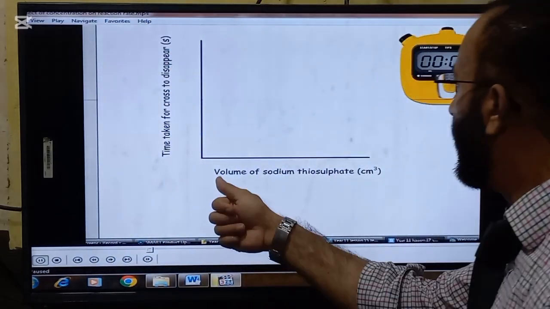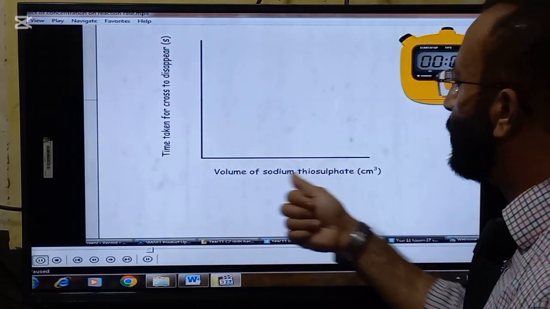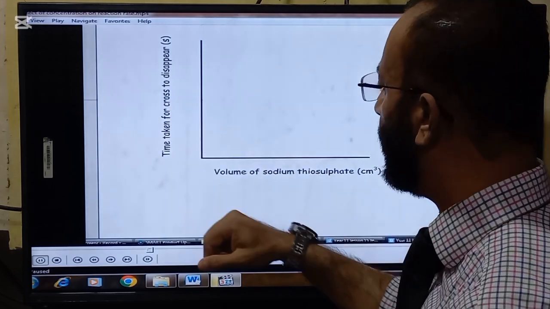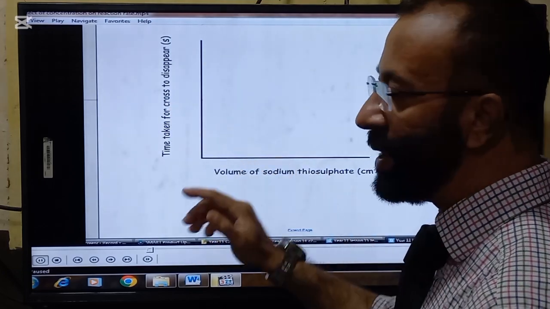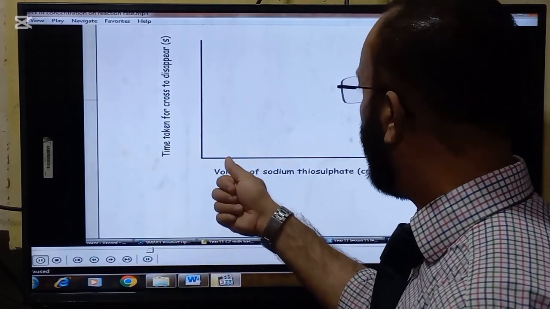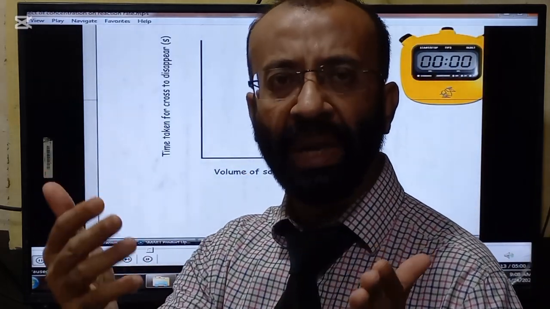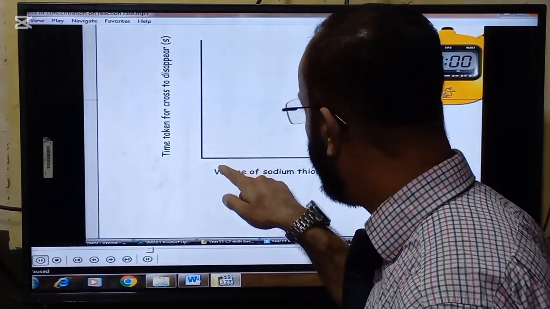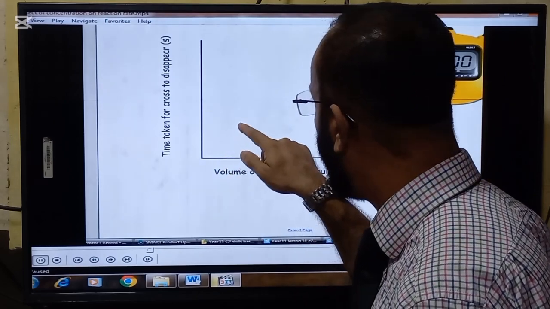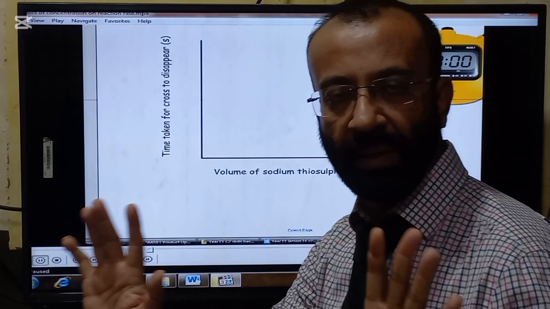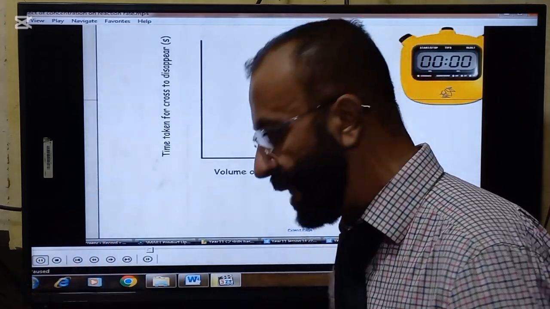Here is the volume of the sodium thiosulfate and here is the time taken for the cross to disappear. For example, when the volume was 50, the time taken may be 1 minute. So 1 minute and 50 will be marked, and so on, points will be marked for all 4 or 5 or 6 experiments.